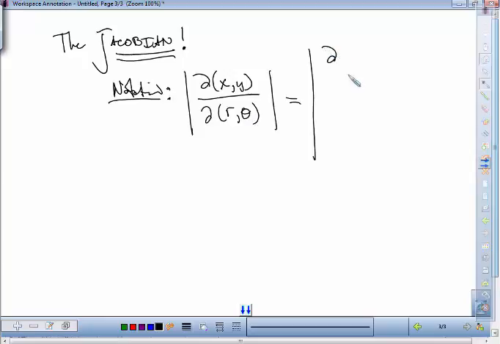Partial of what with respect to what? We want x and y, both dependent on r and theta. Partial of x with respect to r is one of them. Partial of x with respect to theta is the other one. Partial of y with respect to r. Partial of y with respect to theta.